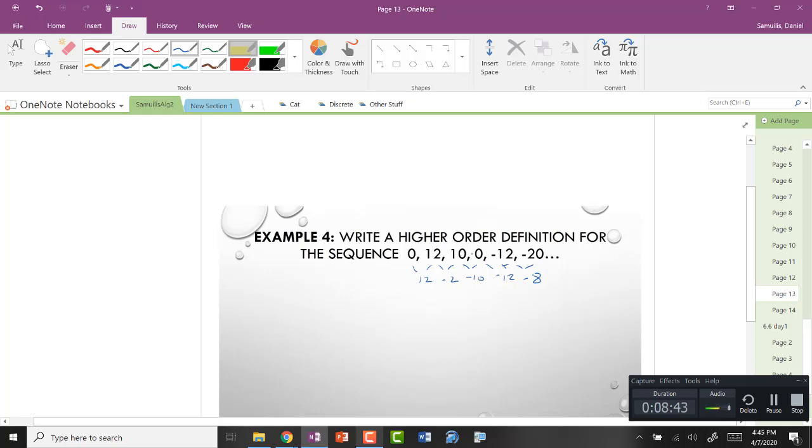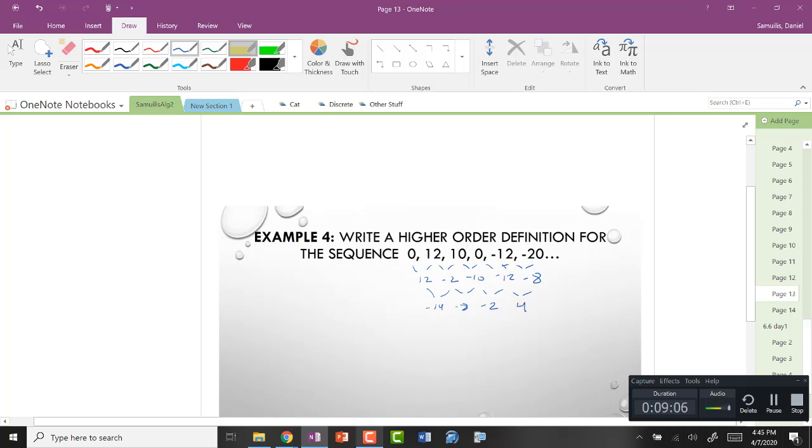That's how you're finding the common difference for that. So now we're going to do this again. It's a -2 minus 12, so that's a -14. A -10 minus a -2, that's a -8. We have a -12 minus a -10, that's a -2. And lastly, we have a -8 minus a -12. That gives me a +4.